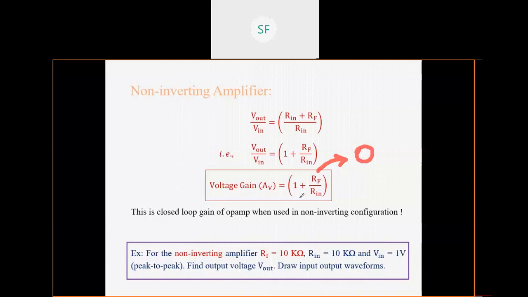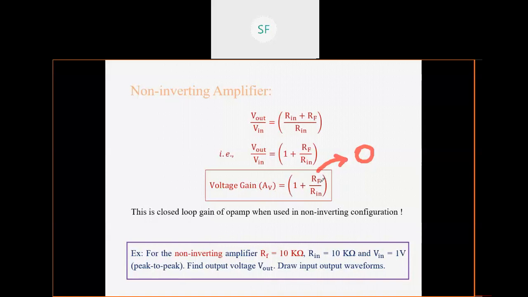Suppose in this expression the value of RF is 0. What will be the value of voltage gain? It will be 1, because 0 divided by anything will be 0, only this fraction will become 0 and you will get a voltage gain of 1.